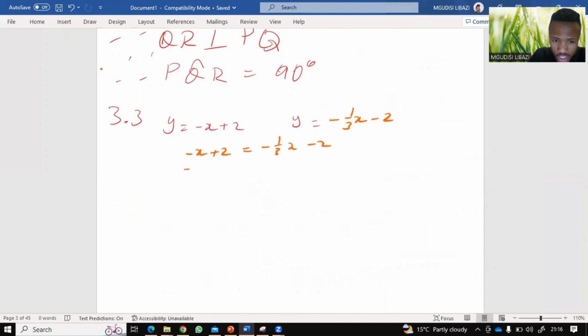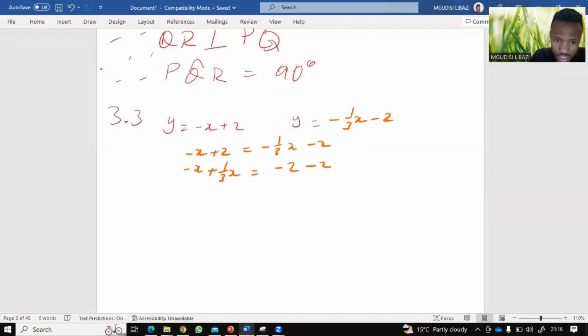So now we're going to have negative x, and we're taking this one to the other side to add the like terms, and then we get plus 1 over 3x is equal to, on the other side we have negative 2, and then we take that 2 to the other side to add the like terms, and we get negative 2. So we're just going to add those.